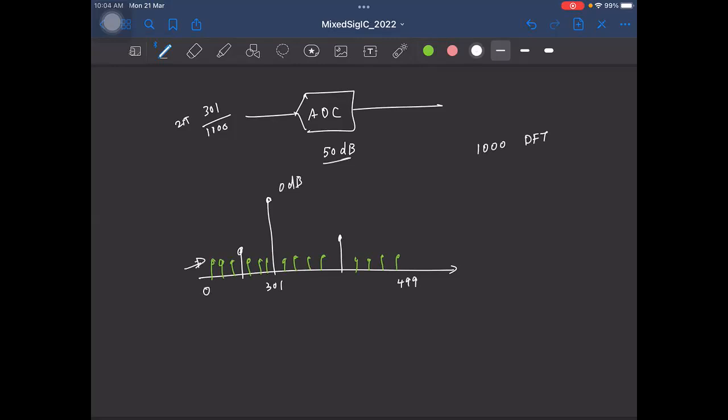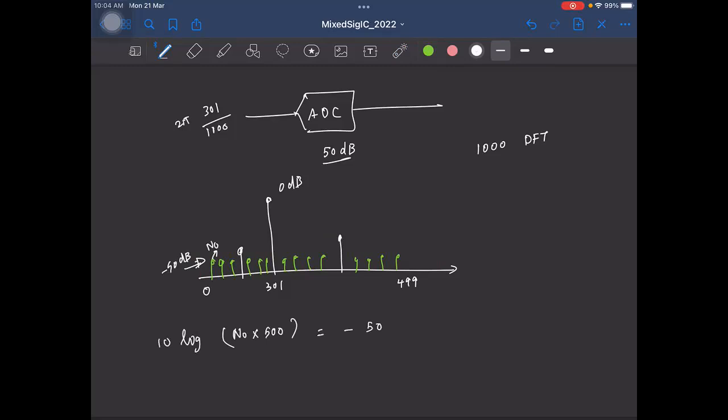The point is, it's not just minus 50 dB. The total noise power must be minus 50 dB. That part is right, but most of you didn't realize that the noise power is the sum of all these bins. So if this level is some N naught, then N naught times the total of 500 bins, in log, is minus 50. That's how we get it.